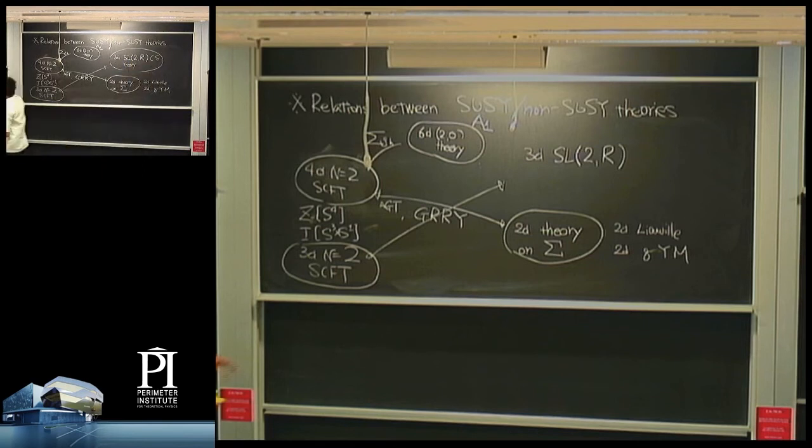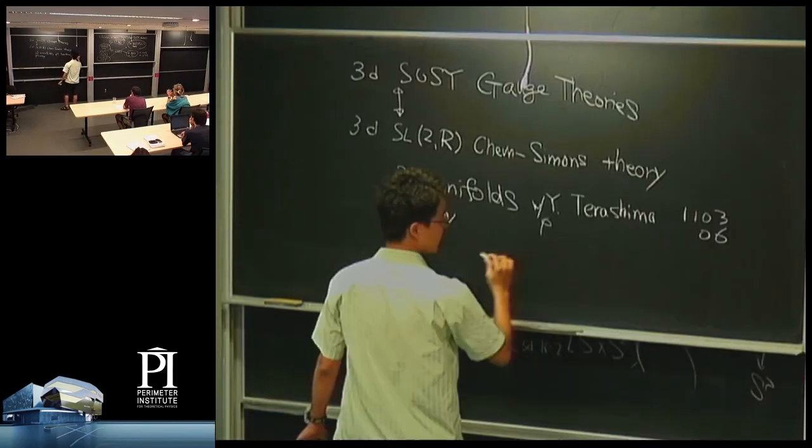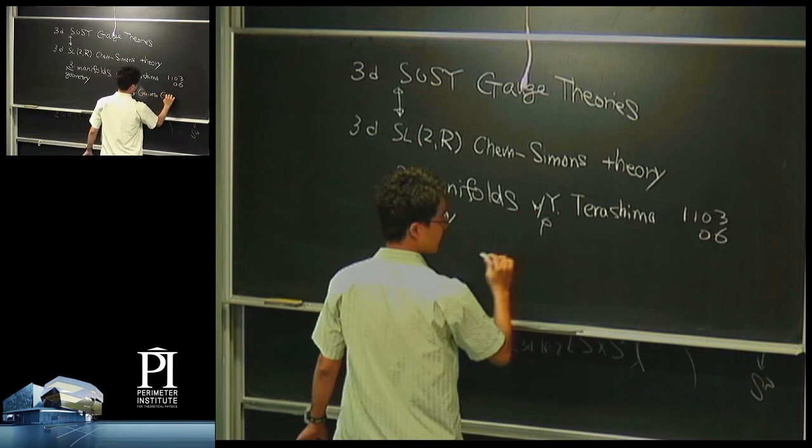I forgot to say that this is work in collaboration with Yuji Terashima, who is a mathematician, and my paper has appeared. And actually, it was stimulated by these two papers. The first is by Dimofte, Gaiotto, and Gukov.